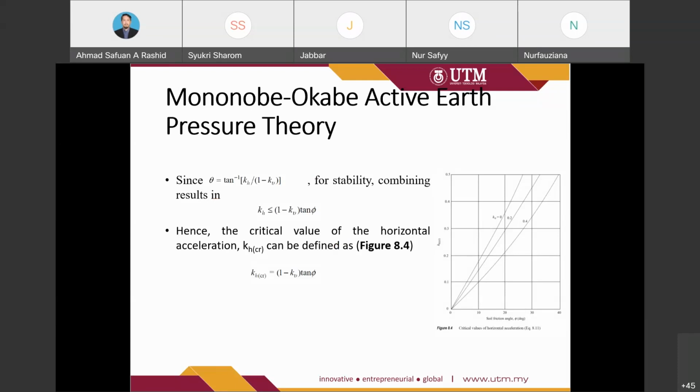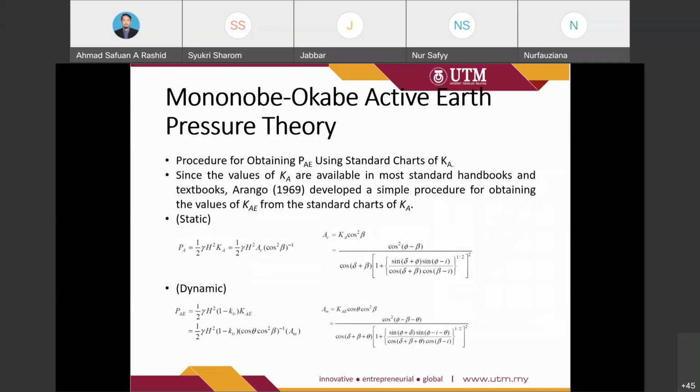This is how we identify the critical KH value, based on the KV and also the soil friction angle. This is by using a chart.